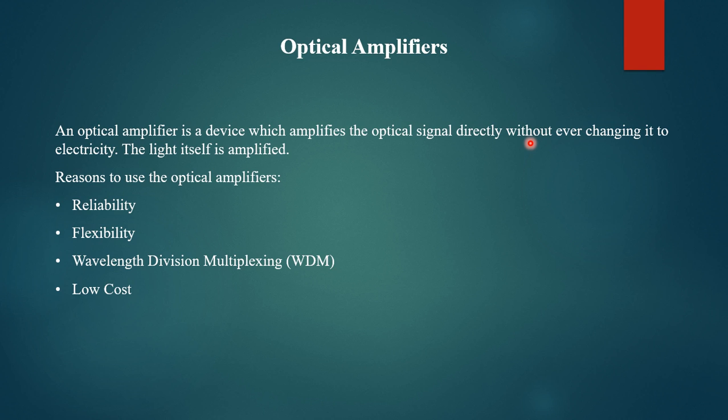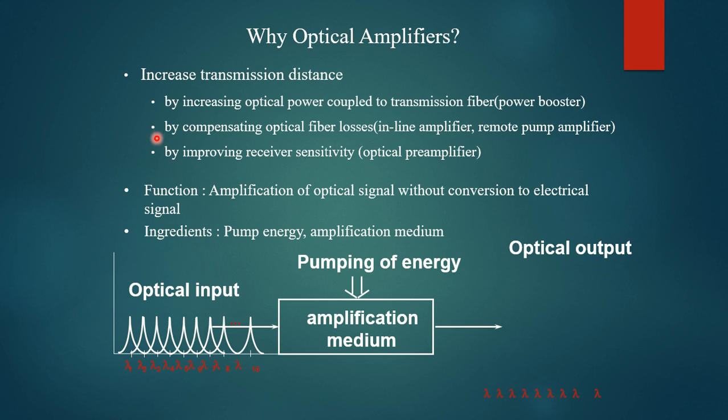The reasons to use optical amplifiers are mainly reliability, flexibility, wavelength division multiplexing, and low cost. So why do we need optical amplifiers? We can increase the transmission distance with the help of optical amplifiers by increasing the optical power coupled to the transmission fiber, by compensating optical fiber losses, or by improving the receiver sensitivity.